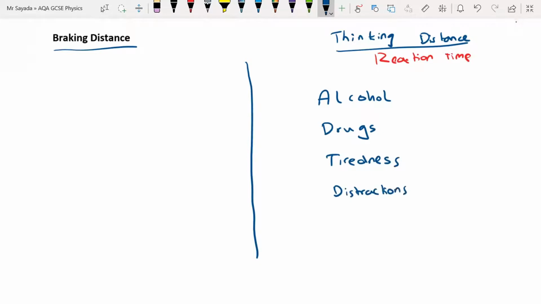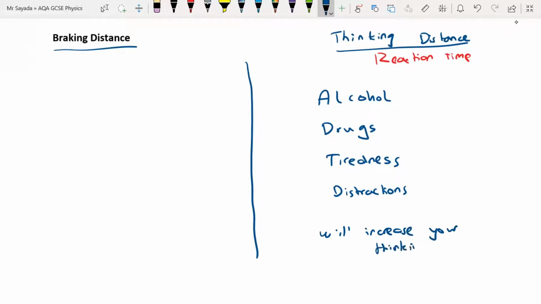So those things are going to distract you. So they're going to affect your reaction time. They're going to increase your reaction time, and therefore those are going to increase your thinking distance. So alcohol, drugs, tiredness, and distractions will increase your thinking distance.